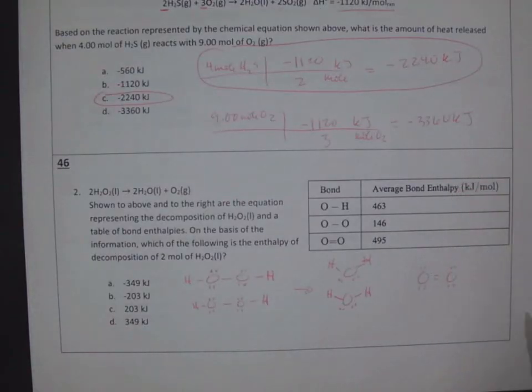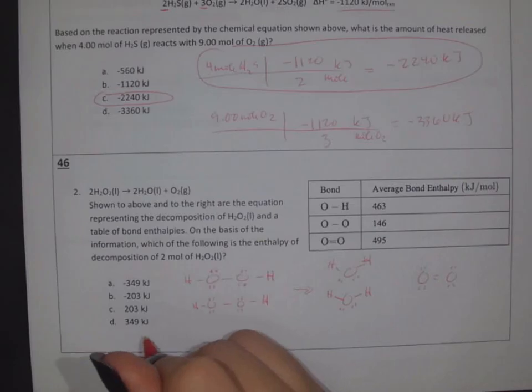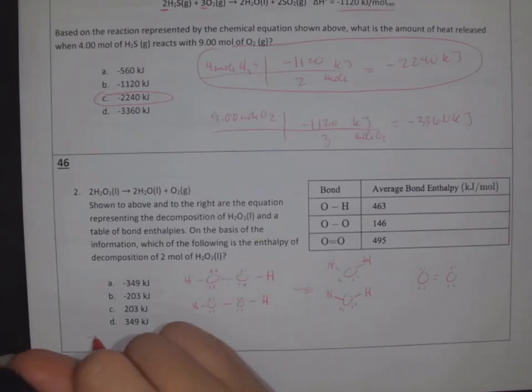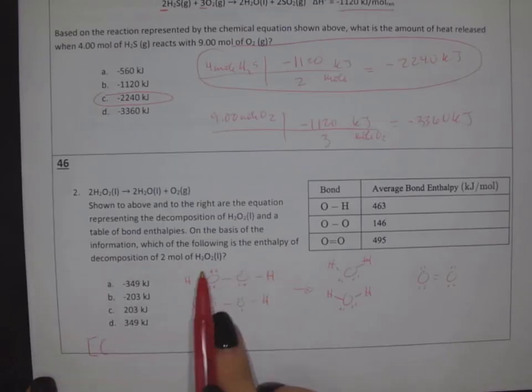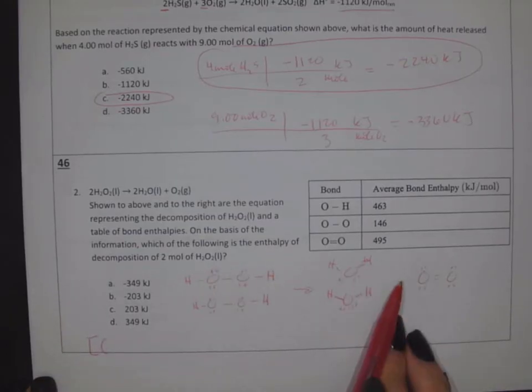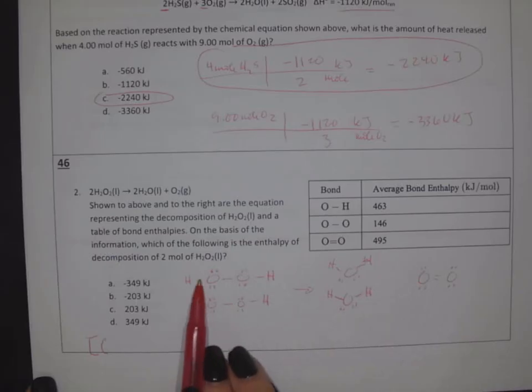Okay. So if I want to take the sum of the energies of the bonds broken, let's do that first. So here's the ones that are being broken, here's the ones being formed, right? There are 1, 2, 3, 4 hydrogens single bonded to oxygens.